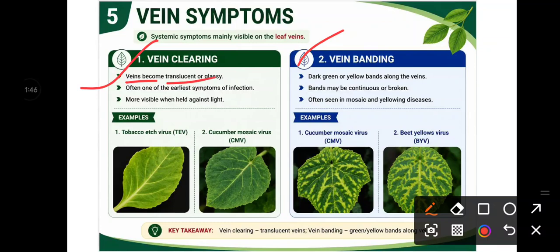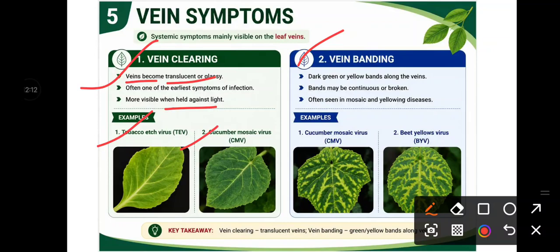This is the earliest symptom and is most visible when held against the light, because that area will be transparent when you place the leaf against the light, and then you can clearly see it. Examples of viruses producing vein clearing are tobacco etch virus and CMV.